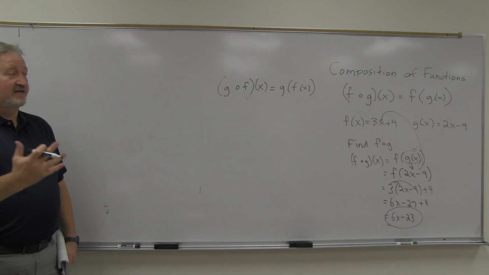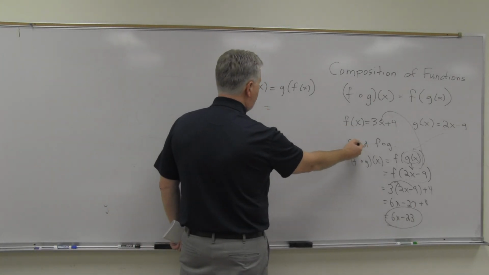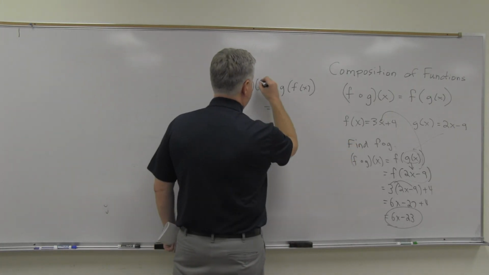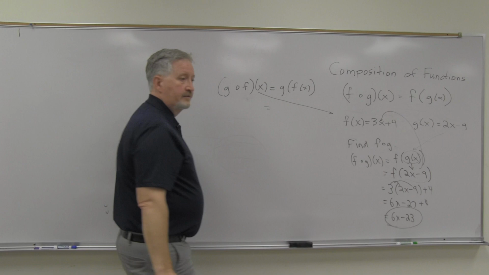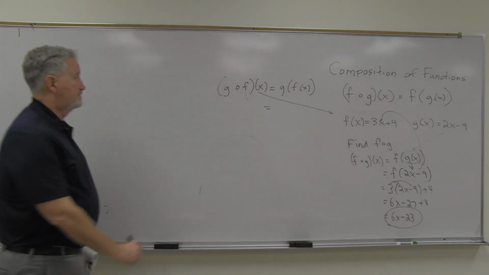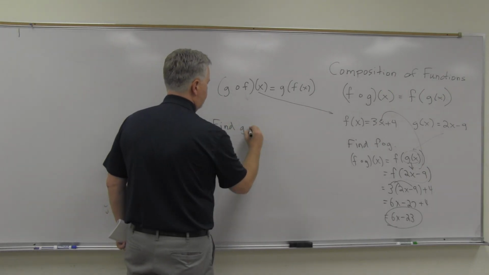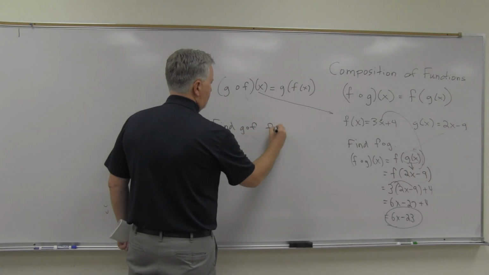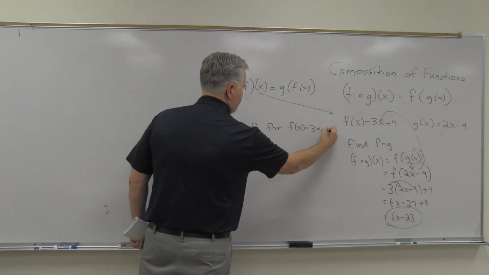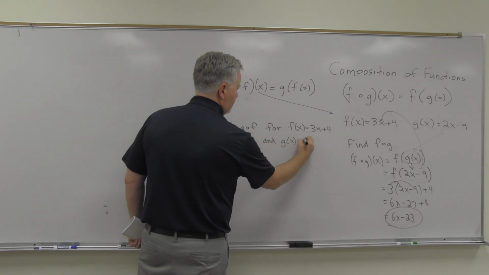Now that changes it, because for this one, if I do g circle f of x for these functions, that's going to change it. I'll just redo the problem here.